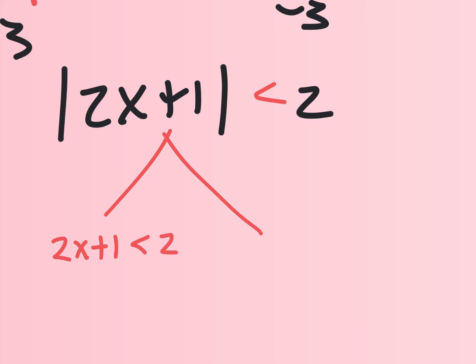Now the reason is because this next part freaks people out, and so other teachers don't want to do that. They just want you to test intervals, and I think this is kind of cool. The other part I write is 2x plus 1, and then when this, you all know that this is going to change from 2 to -2, right?